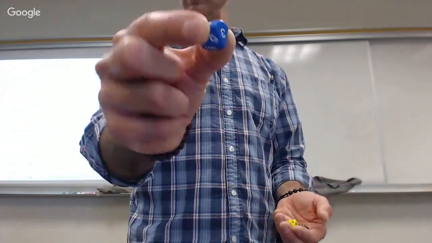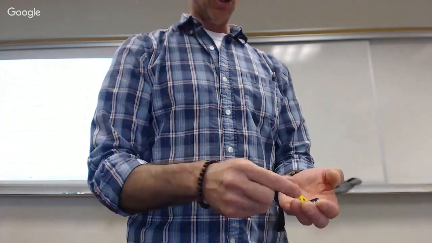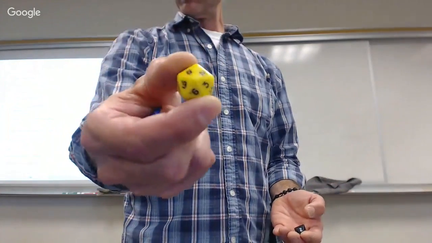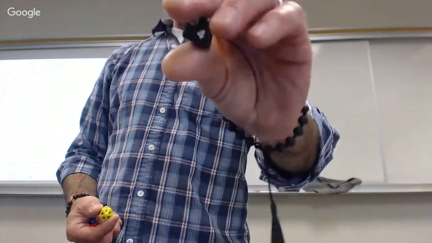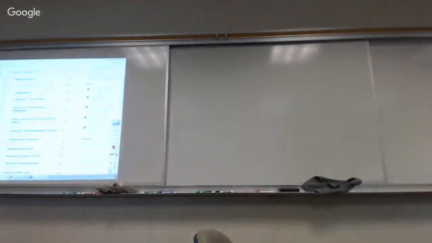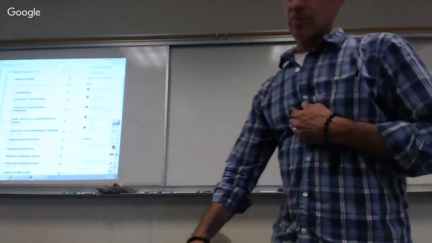I got this one. That one's kind of an oddball too. And this one. Okay, so I'm going to pass. I got 2 sets of these. So take a good look at them for a second. Make a couple of observations about them, and pass them on to a neighbor. Set started in front, set started in back. Take them out of the bag, take a look at them, make a couple of observations about them.